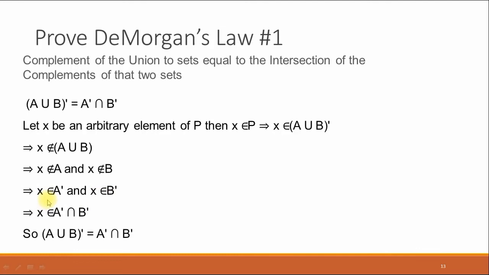So this implies that X belongs to A complement and X belongs to B complement. So since here we consider X belongs to (A union B) whole complement, and in this last step X belongs to A complement intersection B complement. So (A union B) whole complement is equal to A complement intersection B complement.